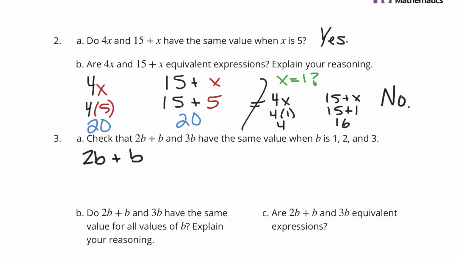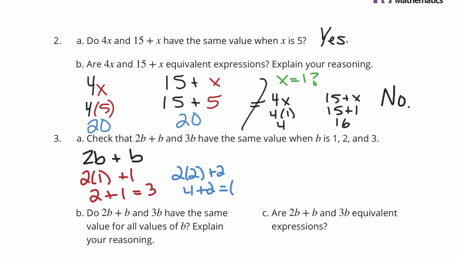When b is equal to 1, that's 2 times 1 plus 1, which is 2 plus 1, which is 3. Okay, what about 2? 2 times 2 plus 2. That's 4 plus 2, which is 6. What about 3? 2 times 3 plus 3. That's going to be 6 plus 3, which is 9.